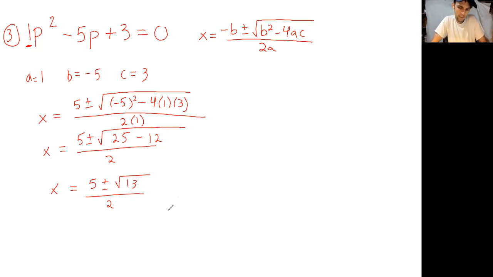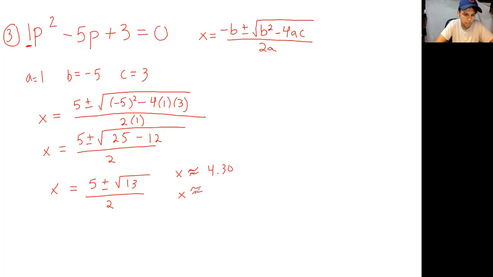So 5 plus the square root of 13 divided by 2. So when I use the plus, I get x is approximately 4.30. It goes further than that, right? But I'm just going to use 2 decimal places. And then let me go ahead and get the other one when I do this as a minus.